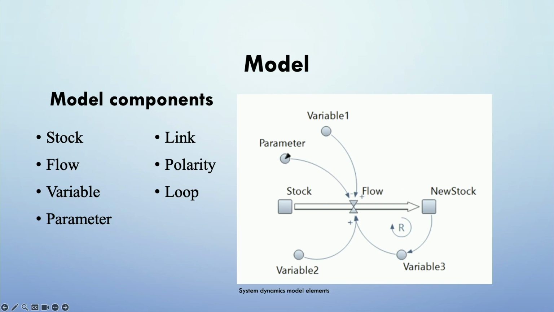With the system dynamics model, this is a very simplified flow. So you have your stock, which are the potential people that are displaced, and the new stock, the forced displaced people. You can have parameters, those are your set values in there, and you can have variables as well that influence that flow rate. So you can think of it as turning on a spigot and the flow of people within the forced migration case study.